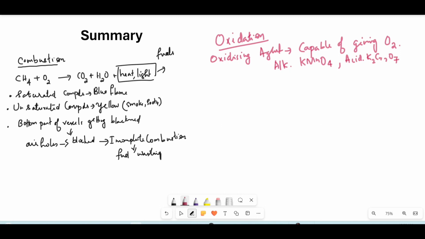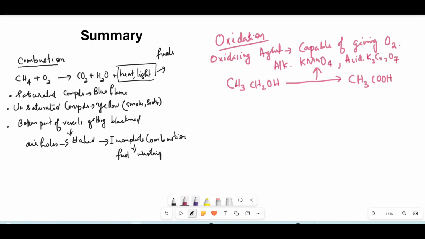So ethanol can be converted to ethanoic acid. What is the formula of ethanol? CH3CH2OH. This is ethanol. You can convert this to ethanoic acid, CH3COOH, in presence of any of these oxidizing agents. That is the oxidation reaction.